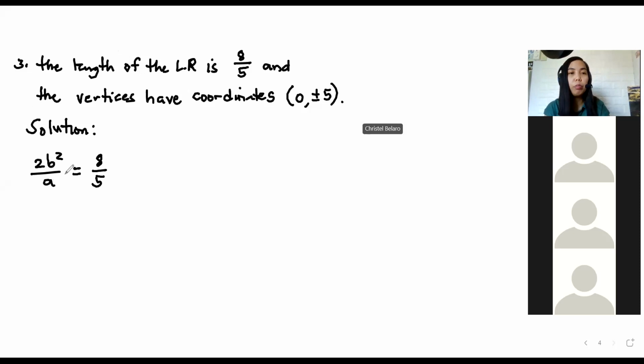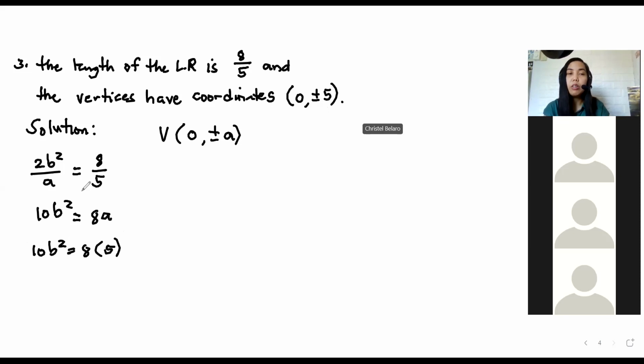Okay, so when we simplify it, we can use cross multiplication, or the product of the means is equal to the product of the extremes. Then 10 b squared equals 8a. And we have here the vertices. And we know that for vertices, class, that is 0, positive, negative a. It means that the value of a here is 5. So 10 b squared equals 8 multiplied by 5.